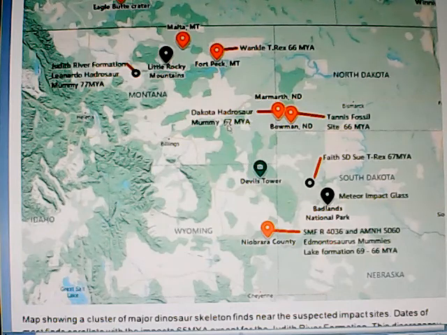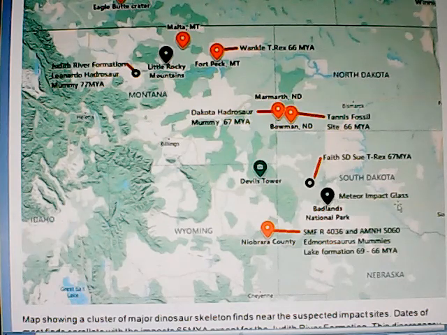That's dated at 67 million years ago. The Tanis fossil site, where they found a bunch of animals and directly related it to the Yucatan impact, dated at 66 million years ago. And then Sioux T-Rex at 67 million years ago, right here.